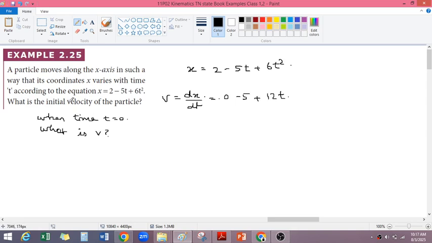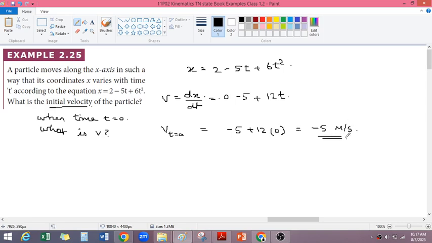As I said, initial velocity means time t is equal to 0, so I have to substitute. So v when t is equal to 0 is equal to minus 5 plus 12 into 0, which means it is minus 5 meter per second.